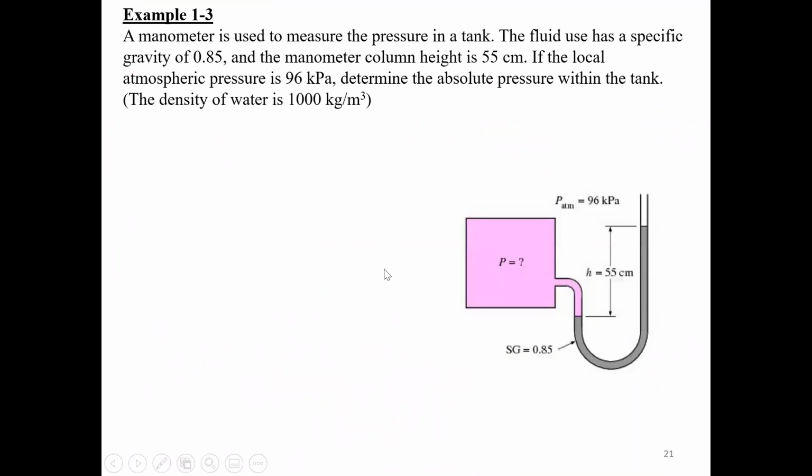And this is another example, a device used in some experiments in engineering. We call it a manometer. And the manometer is actually a U-tube, as you can see here. It's a U-tube filled with mercury or any liquid.